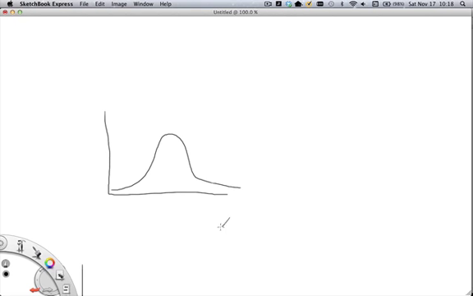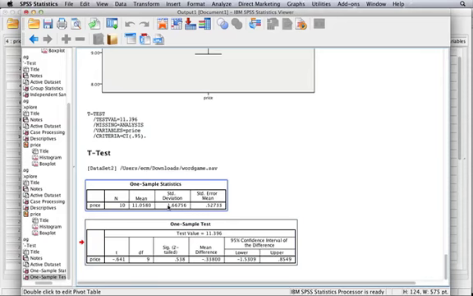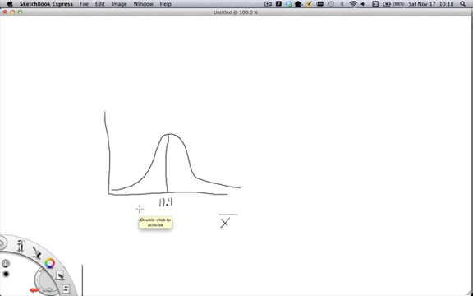So here's the distribution of x bar. Under the null hypothesis, we're going to make the mean $11.40. Let's just round it. And we've gone off and drawn a sample of 10 stores and found a mean of $11.06. So $11.06 must be about here.